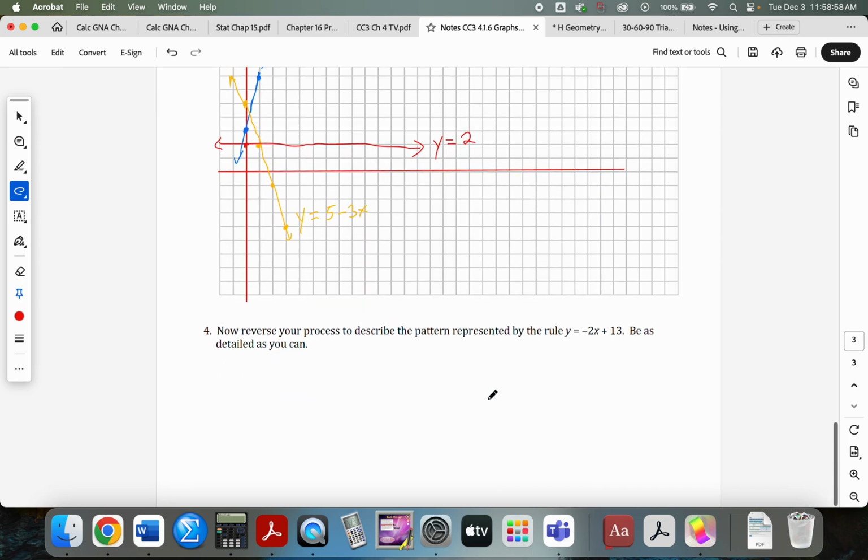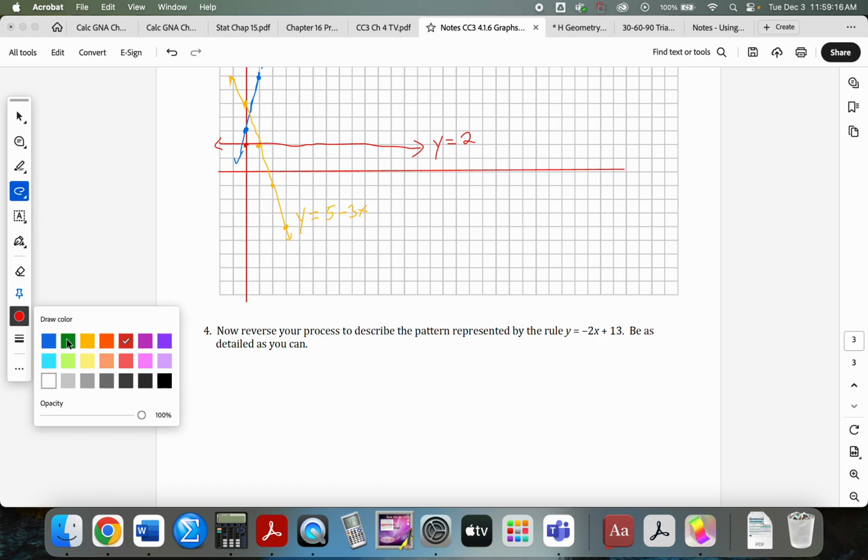All right. So now let's reverse the process. Describe the pattern represented by the rule y equals negative 2x plus 13. What do we know about this? What's one thing we immediately know? Start at 13.